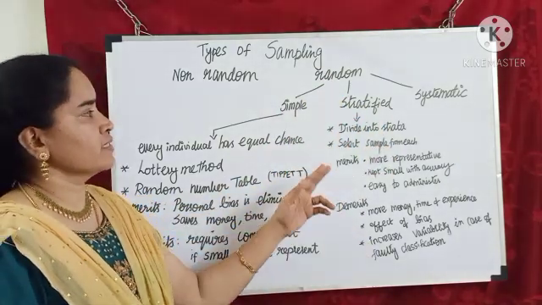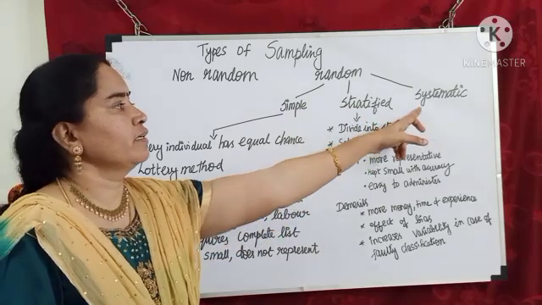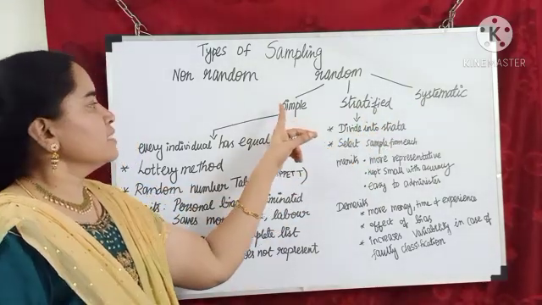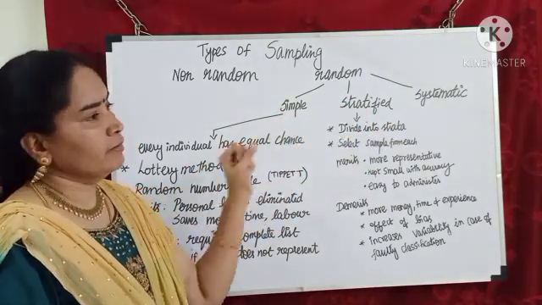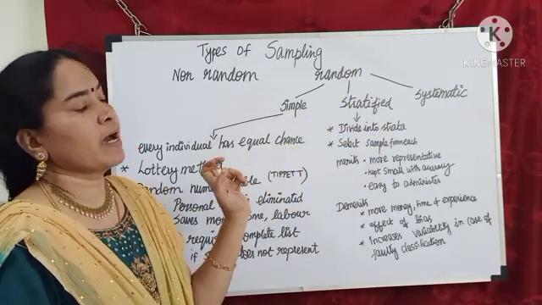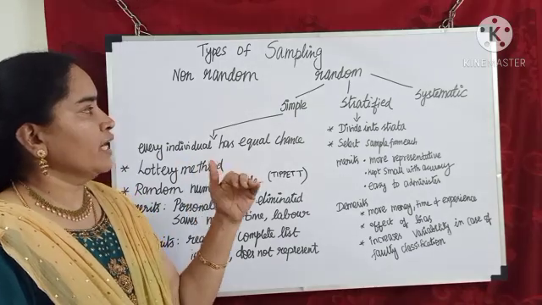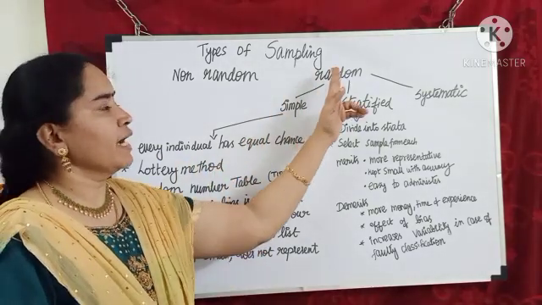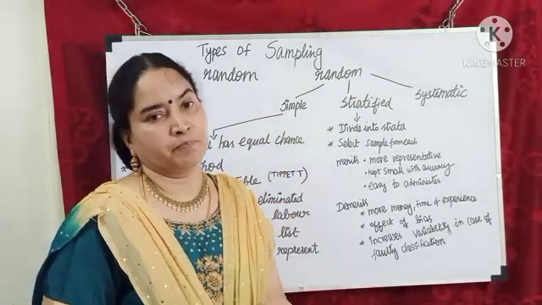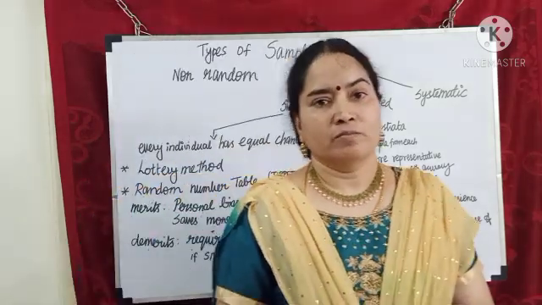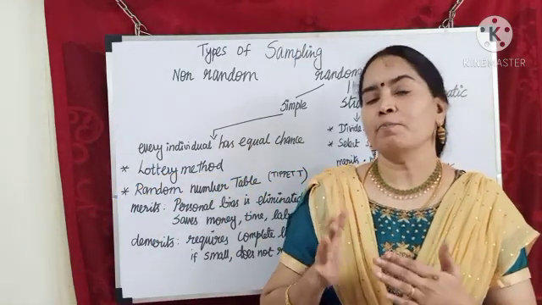We are discussing about three different types of sampling. Simple random sampling, stratified random sampling, and systematic random sampling. What does the word simple random sampling mean? Simple. The procedure is a very simple one.